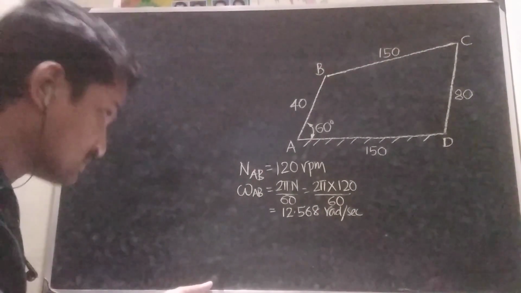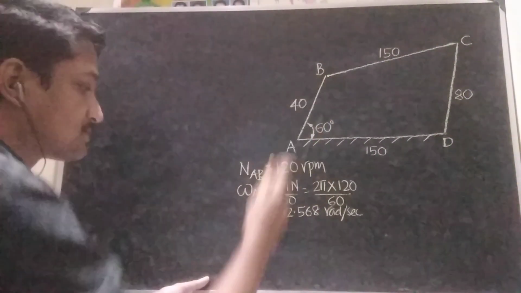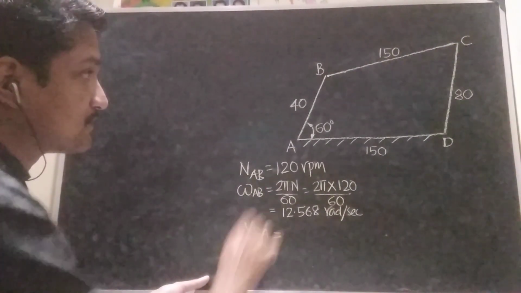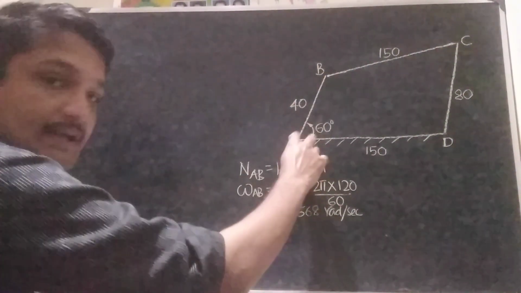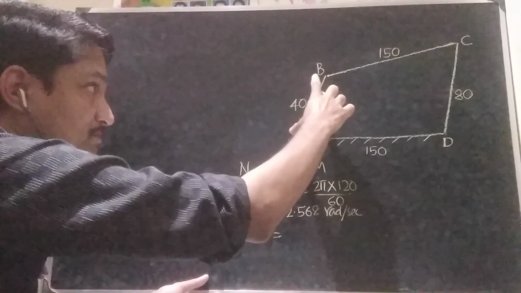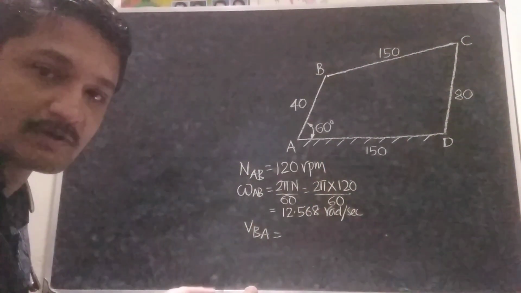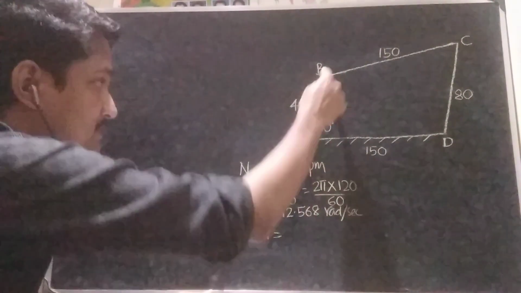That omega is in the clockwise direction, as given in the question. Then the velocity of B with respect to A, the relative velocity, is always perpendicular to that particular link.